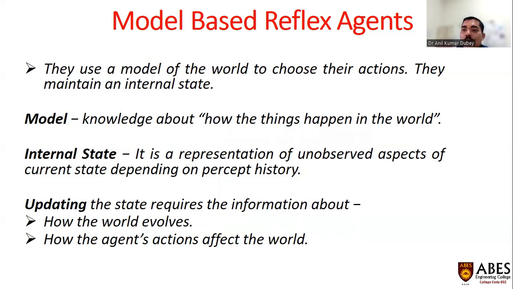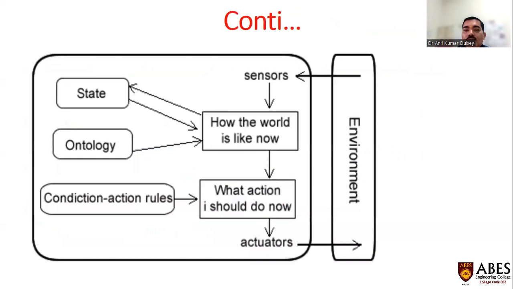So they consider the perceived history, not only the current state. And updating the state requires information about how the world evolves, and again how the agent's actions affect the world. That is the architecture of the model based intelligent agent.